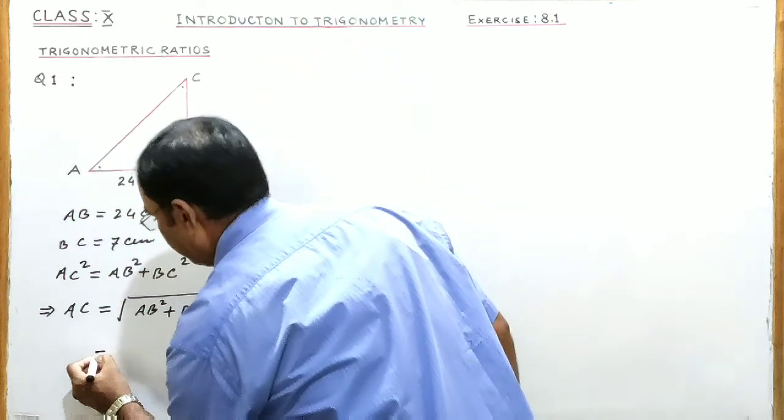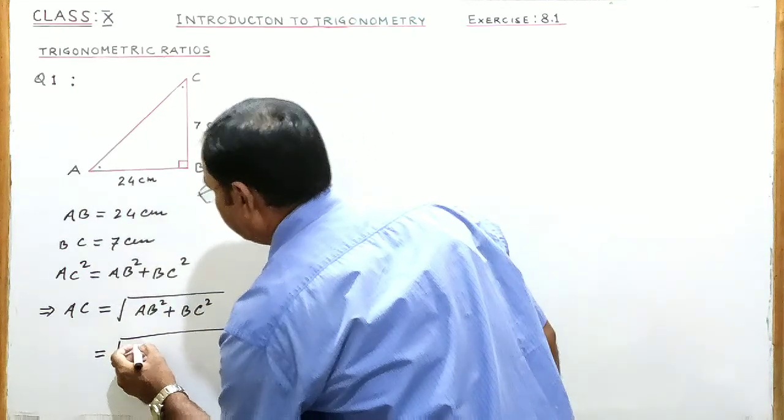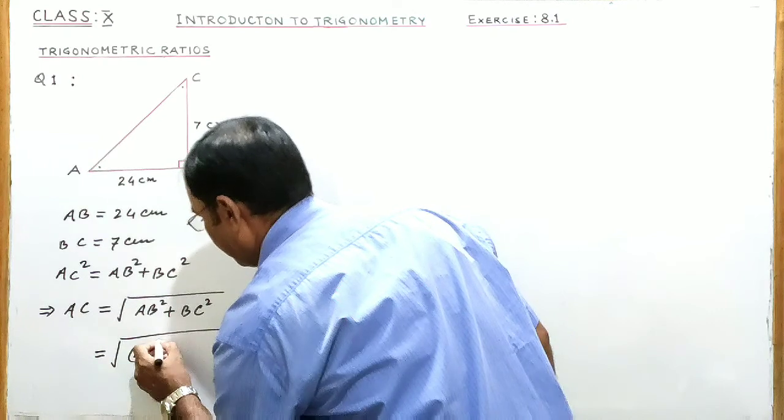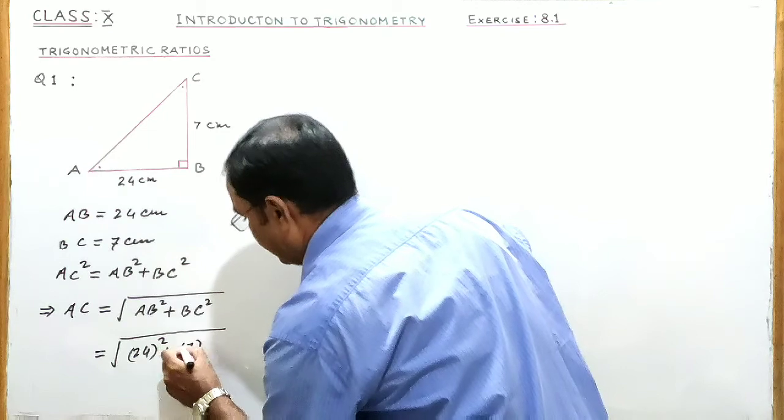Put the values of AB and BC, like AB square is 24 square plus BC square is 7 square.